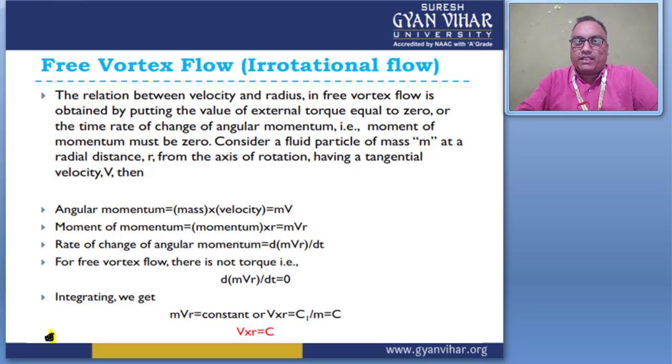V is the radial velocity and r is the radius of the vortex, right? Free vortex flow is obtained by putting the value of external torque as 0. If the external torque value is 0, then this is a flow related to the free vortex flow, and for this case the time rate of change of angular momentum, that is moment of momentum, must be 0.